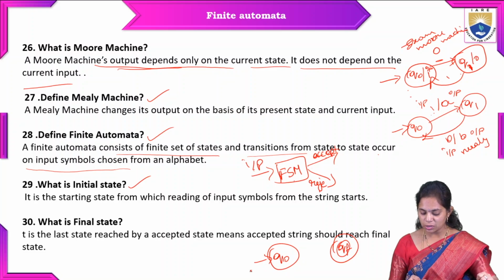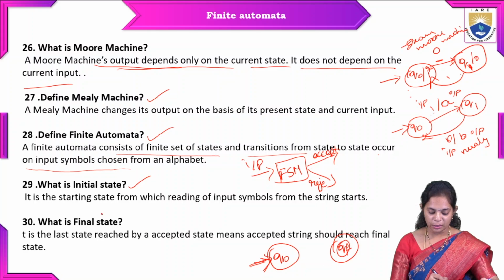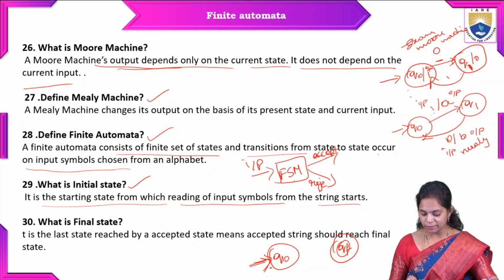The initial state is represented with an arrow mark, and the final state with a double circle. It is the starting state from which reading an input string starts. Here we need to give the initial input symbol to this initial state.